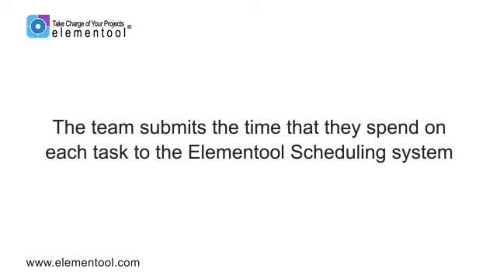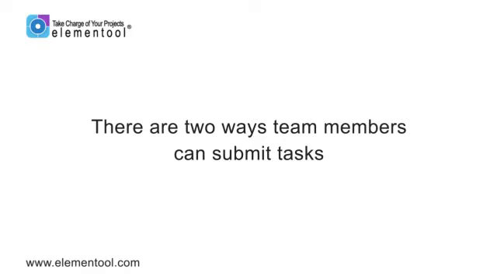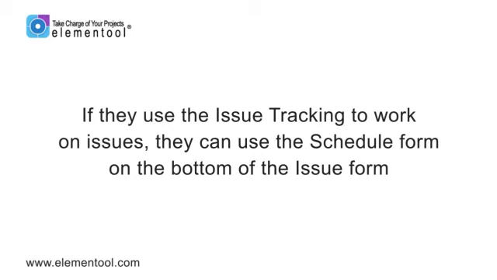The team submits the time that they spend on each task to the Elementool scheduling system. They can submit it a few times a day when they finish working on different tasks, or once a day for the entire day. There are two ways team members can submit tasks. One, if they use the issue tracking to work on issues, they can use the schedule form on the bottom of the issues form.